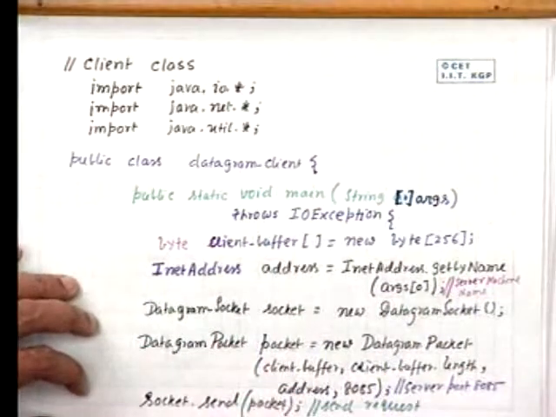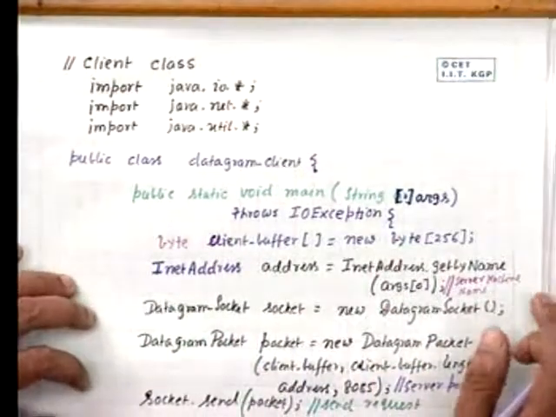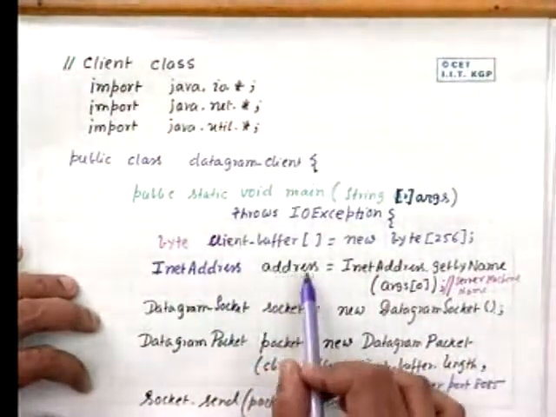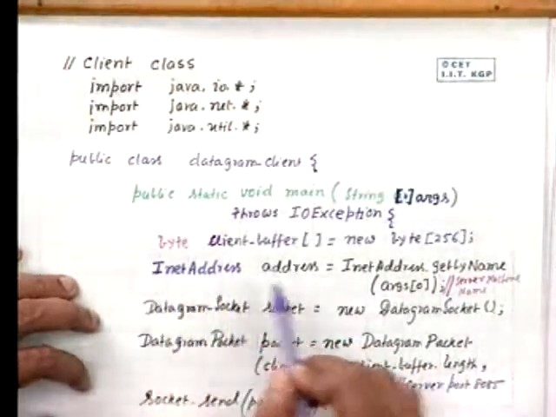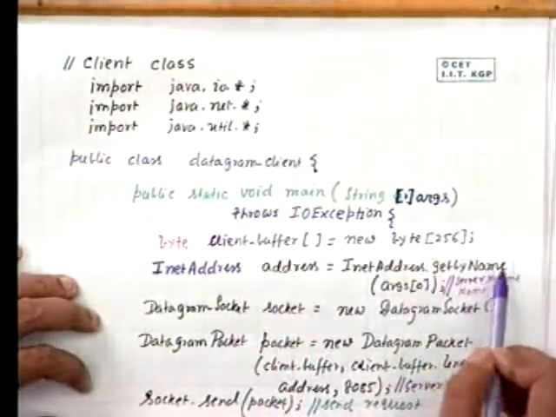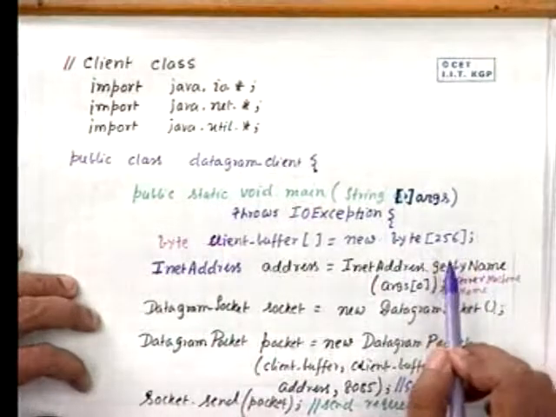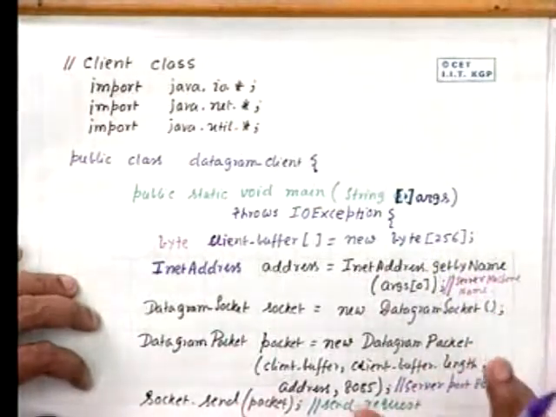Then InetAddress is a class, as I mentioned, which has the getByName method. You get the name of the machine, for instance yahoo.com or iitkgp.ernet.in and so on.